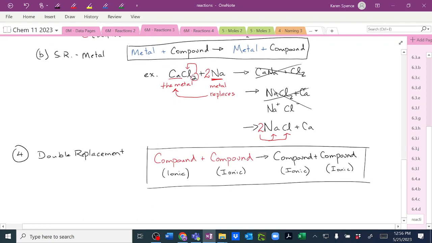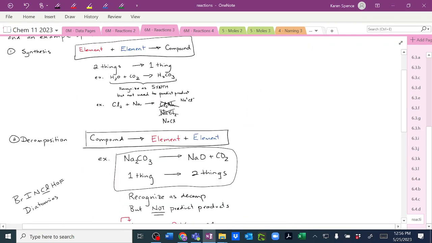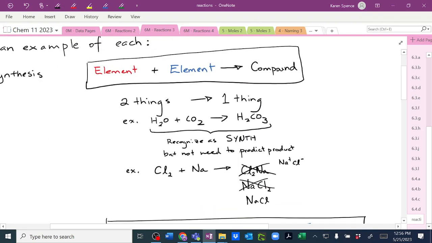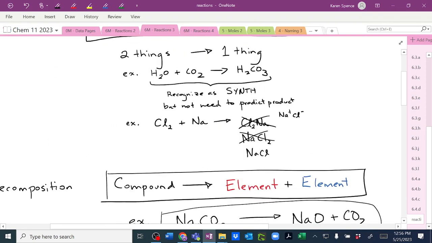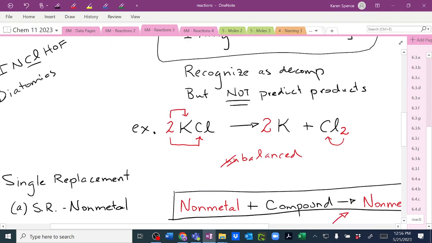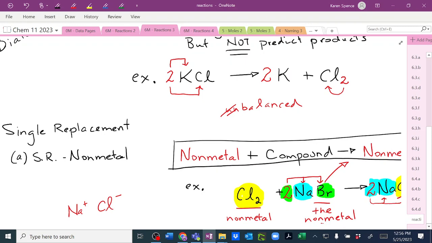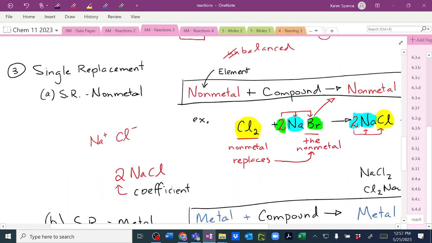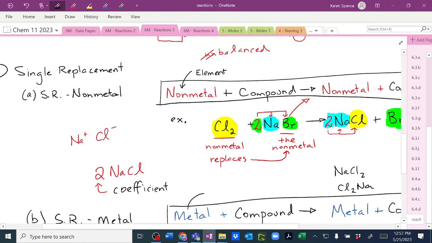So we went from synthesis, where we had element plus element, decomposition, where we had compound, single replacement, where we have a non-metal, which is an element plus a compound, or the metal version, where the metal is the element plus a compound.